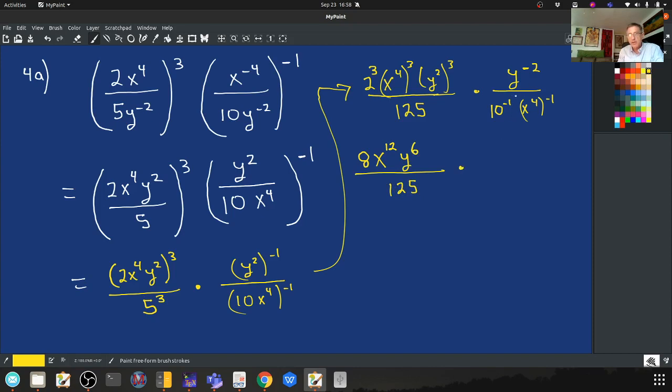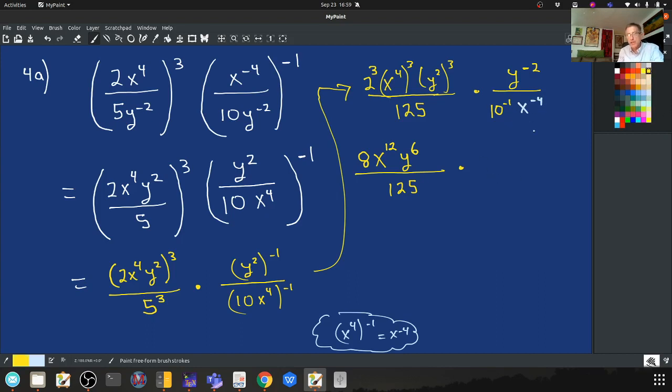Over here, the only thing to simplify right here, if you will indulge me, down here, x to the fourth to the minus 1 is equal to x to the minus fourth. So I'm going to rewrite this, because I'm getting tired of writing so many steps, as x to the minus fourth.